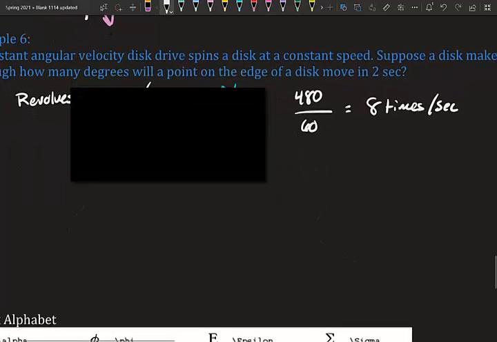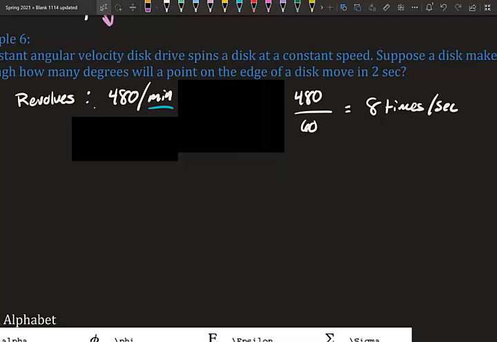So per second it rotates 8 times. Now we want to know how many degrees it will be in 2 seconds. If it's 8 in 1 second, in 2 seconds it would be 16. So we do 8 times 2 and we get 16. But that's not degrees, because right now we're working with revolutions.